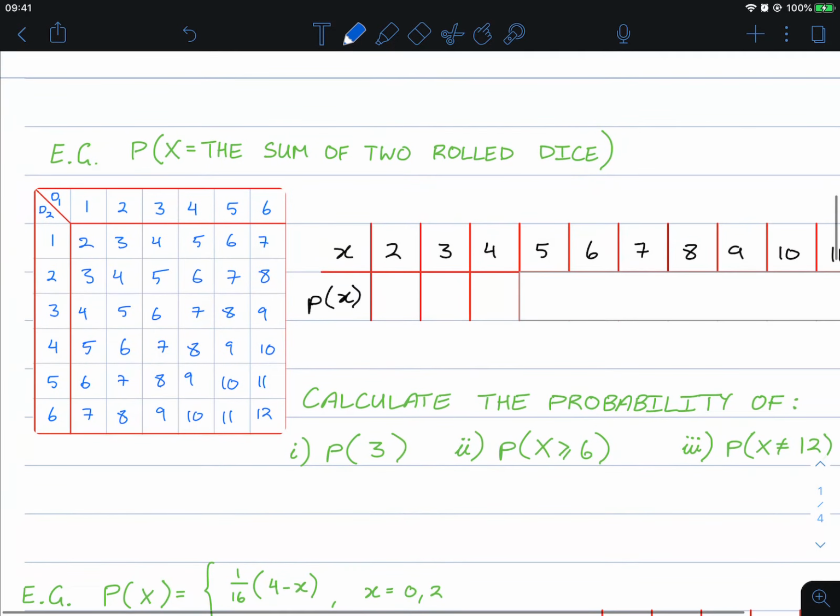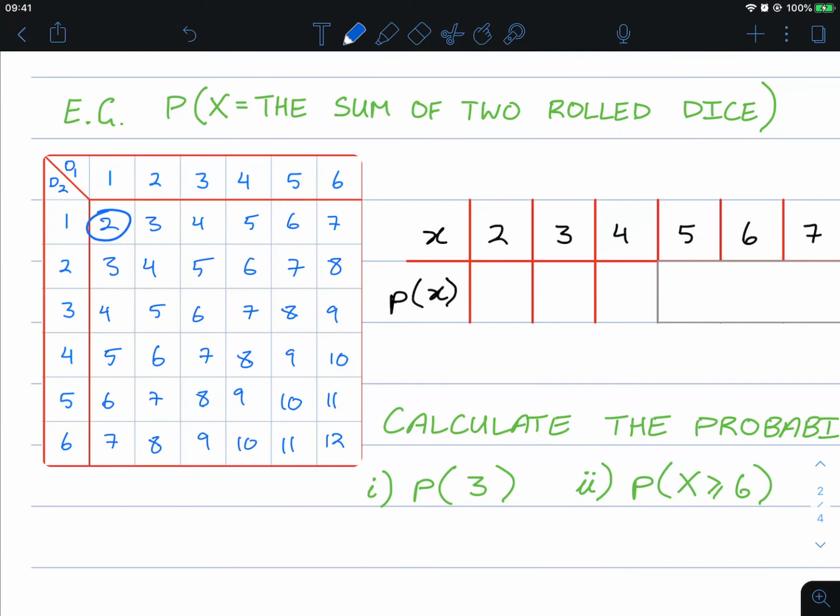and now we can easily count all the individual probabilities. Well, for 2, there's only one square that has 2, and there'll be 36 squares in total. So that's 1 over 36. The probability of 3, there are 2 squares with 3, and 36 squares in total, so 2 in 36.